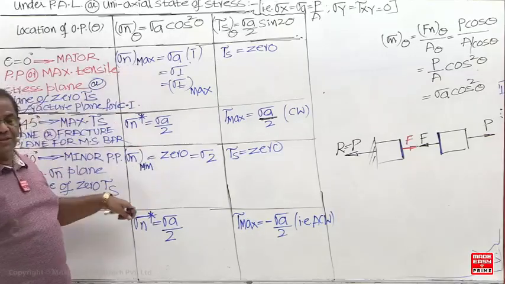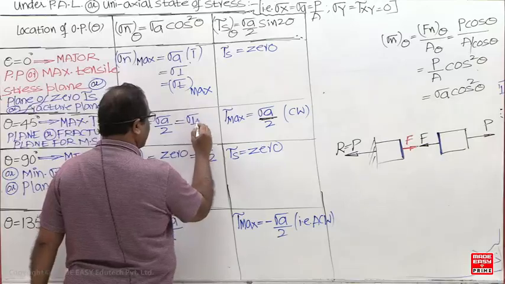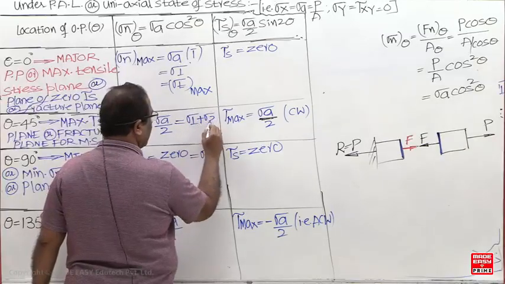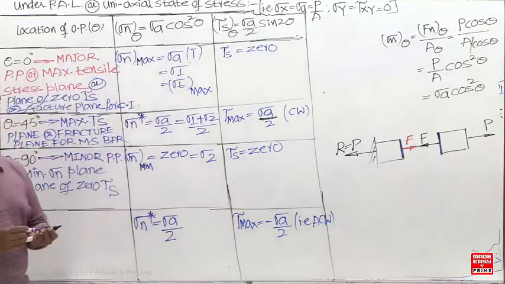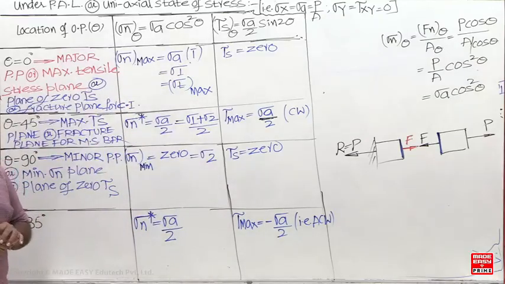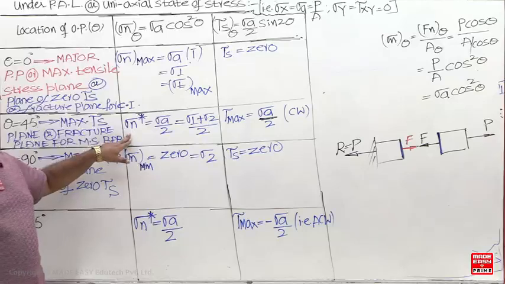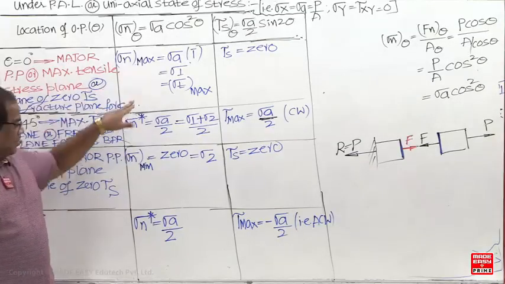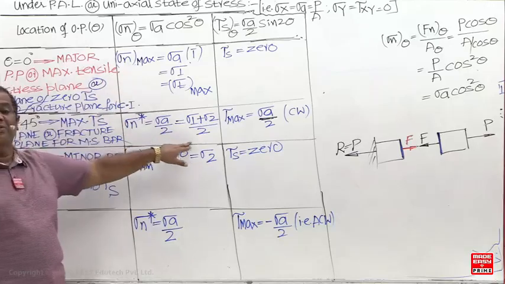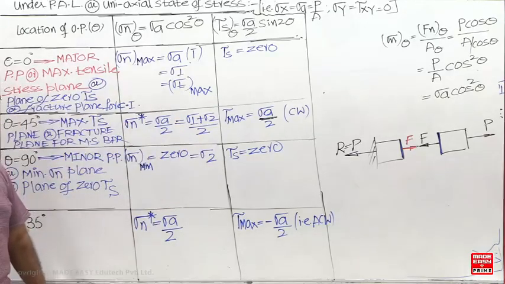On the tau max plane, the normal stress value is going to be equal to the average of the maximum and minimum normal stress, that is, the average of sigma 1 and sigma 2.